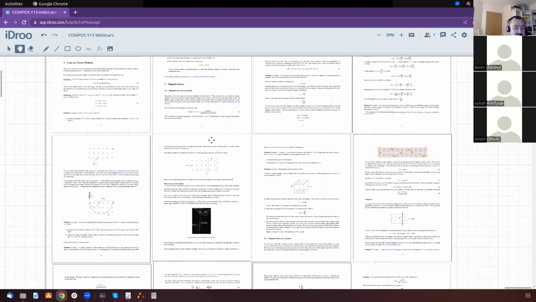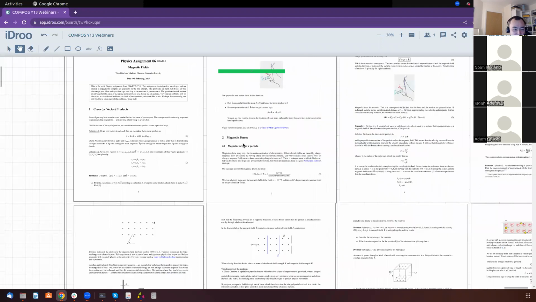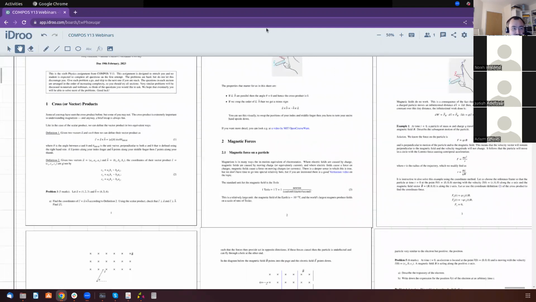All right. So the topic is magnetism, and it's an amazing topic, honestly. We start with some magnetic forces.